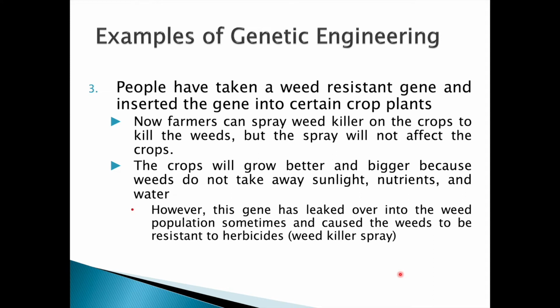That Bt gene has resistance to the weed killer or herbicides. So farmers can now spray weed killer on the crops to kill the weeds, but the spray will not affect the crops. And so the crops will grow better and bigger because weeds do not take away sunlight, nutrients, and water. But there is a disadvantage of this.